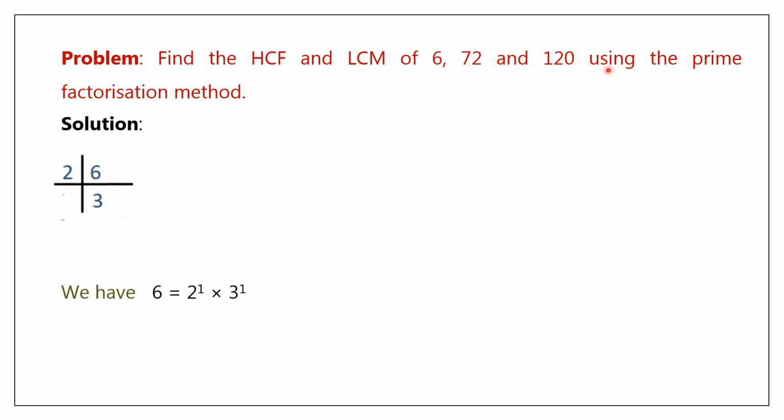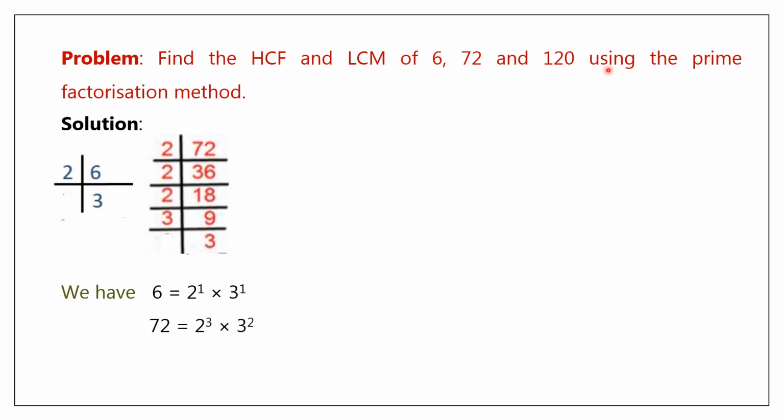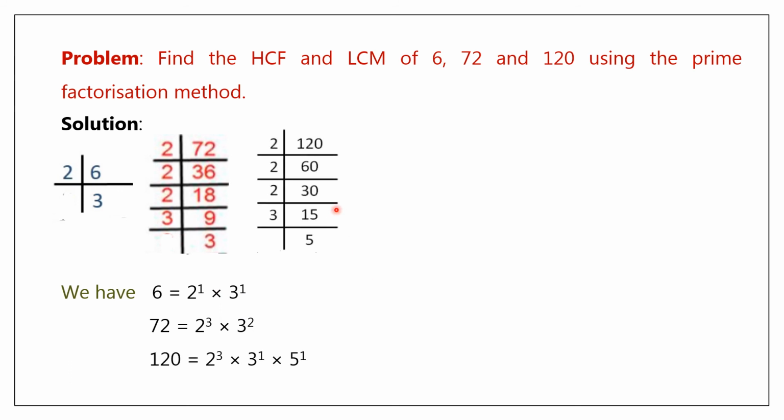We have 6 as 2 to the power 1 into 3 to the power 1. 72, also by the long division method, I got as 2 cubed into 3 squared. 120 you can write as 2 cubed into 3 to the power 1 into 5 to the power 1. Now I got all the prime factorizations of these numbers. Now to find HCF, we have to take the common primes.